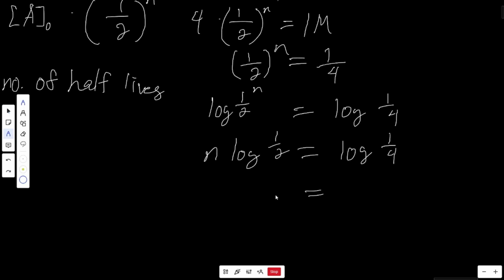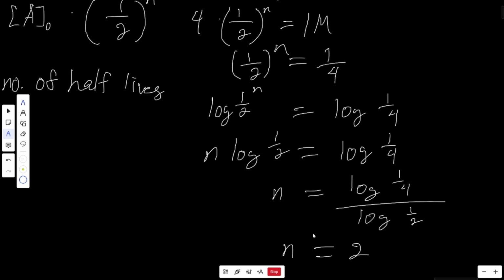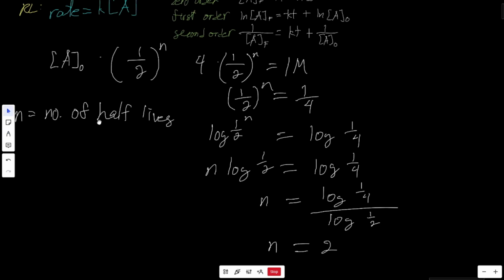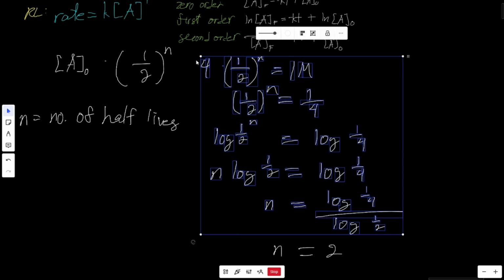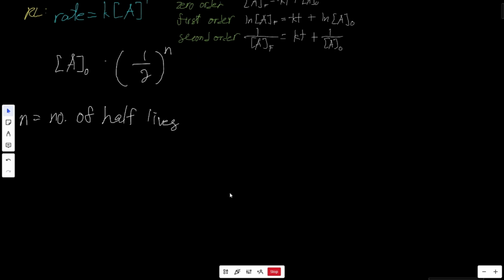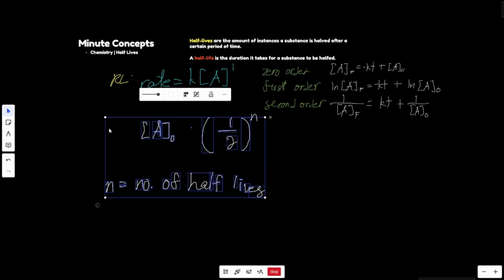So n would be equal to log 1/4 over the log of 1/2. And that should get you an answer of 2. So that's very similar to how we solve for the order of a reactant. So this is one half-life formula you should be familiar with.